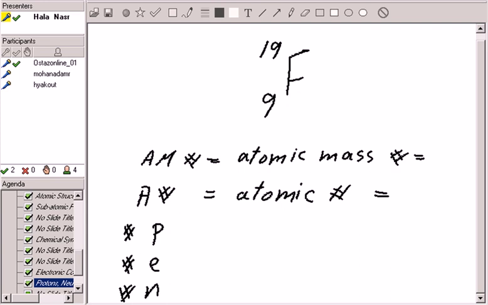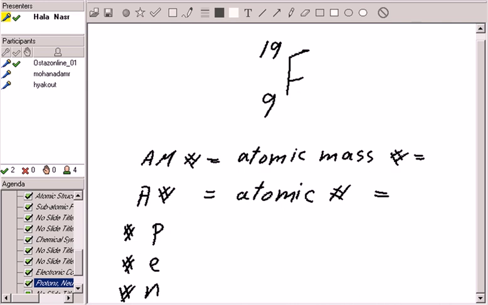Now, we said the atomic number, is it the smaller or the bigger number? No. To know this, we say the mass number means it's the big number, which contains both protons and neutrons.